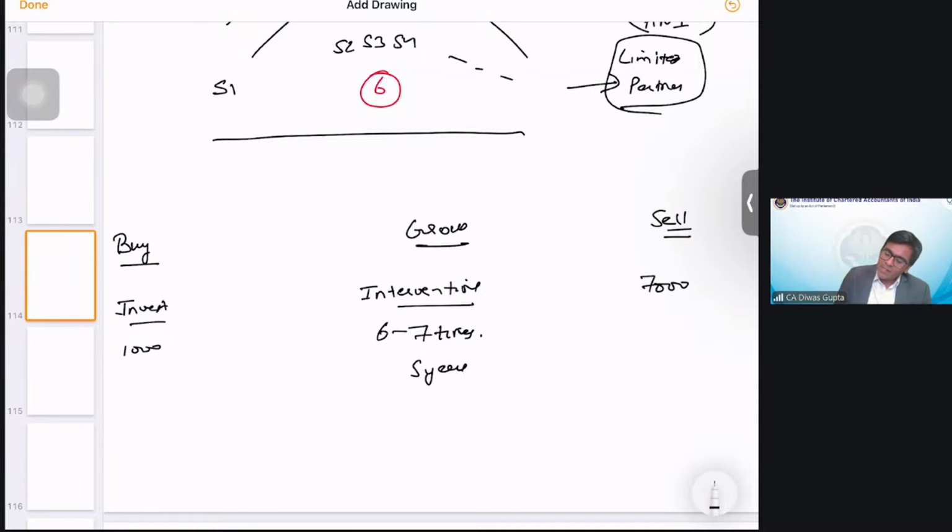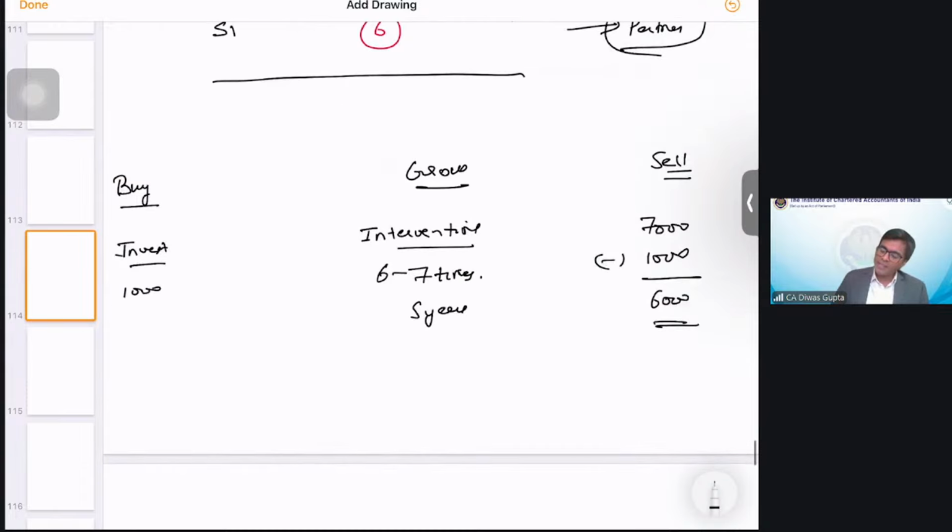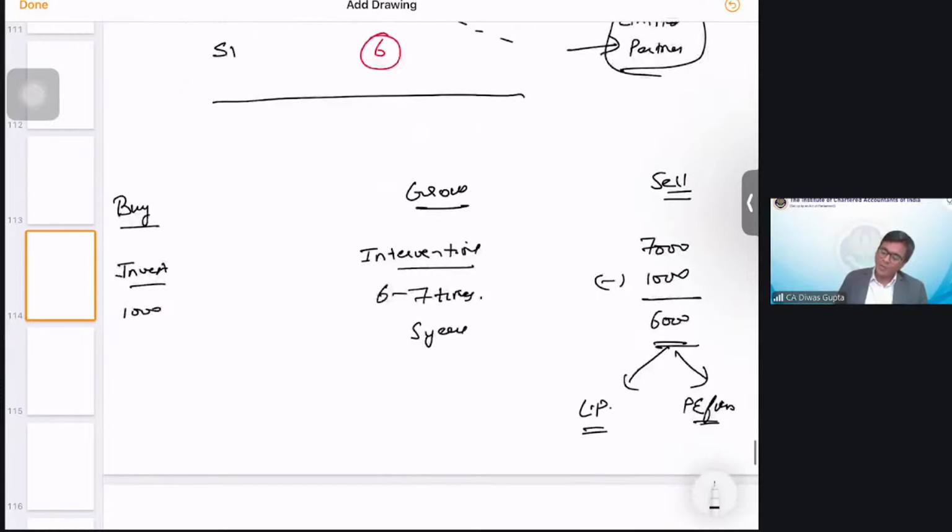So let's say 7 times that they have grown, 1,000 rupees they have invested, 7,000 becomes the value of the grown business. They will end up reaping the benefit of 6,000. And from this, they will allocate some money to the limited partners and the balance the PE firm will keep with themselves. You see, their overall objective is to buy, grow, and exit also.